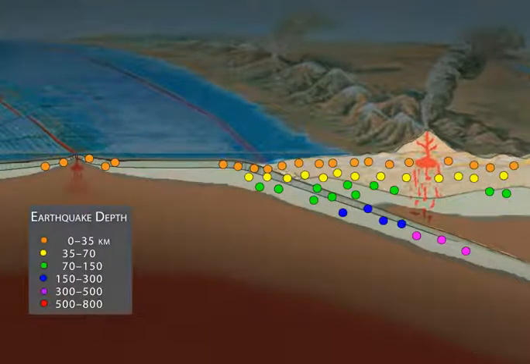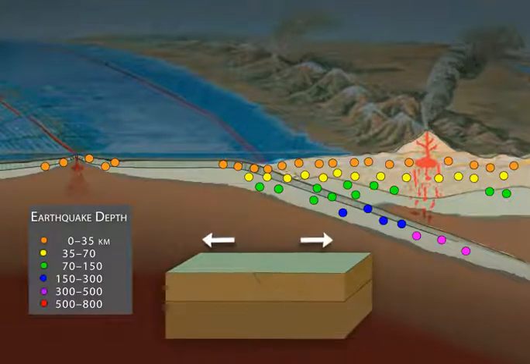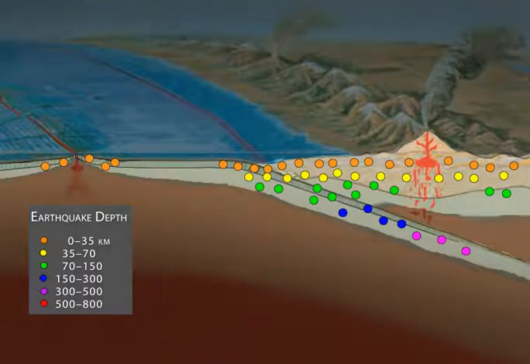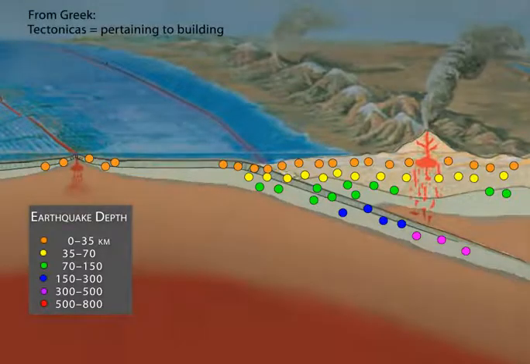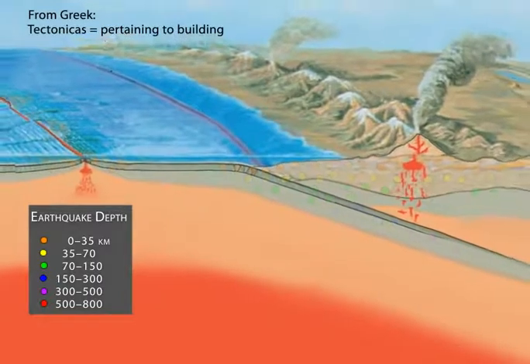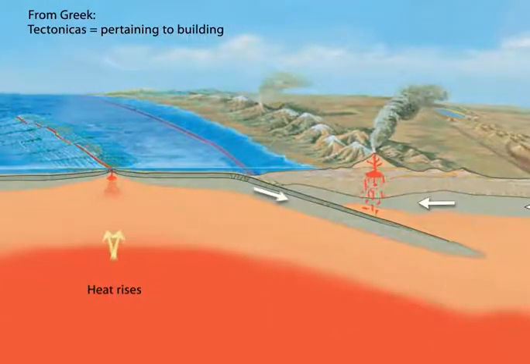It is in this brittle zone that earthquakes occur due to compression, extension, and shearing. Over billions of years, the cooled surface of the Earth has been broken up into the moving plates that are called lithospheric plates, or more commonly, tectonic plates. Because they are mostly more buoyant than the asthenosphere, they float above it.